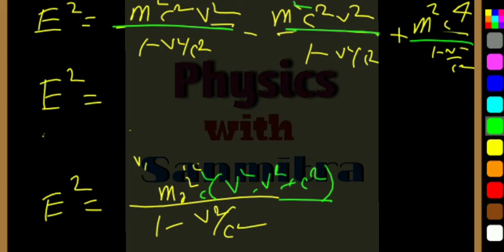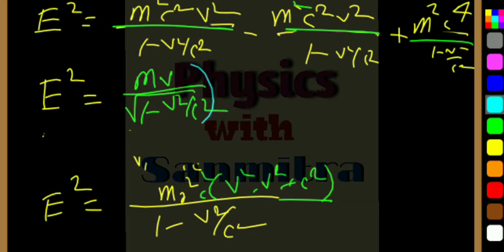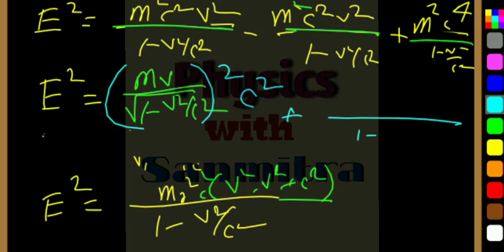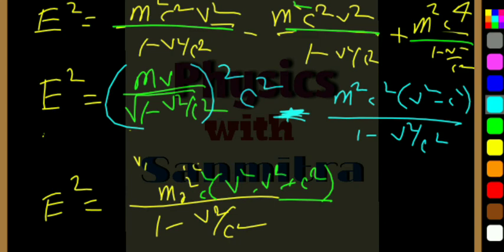Now this one, what I can write here is m over root of 1 minus v squared by c square whole square into c square, plus, if I take this part common, m square c square, I can take minus here, v squared minus c square.